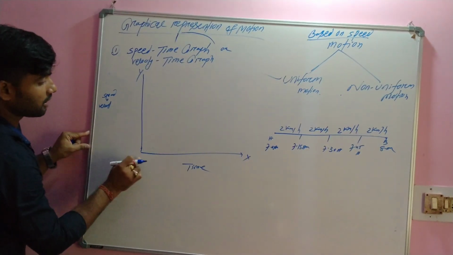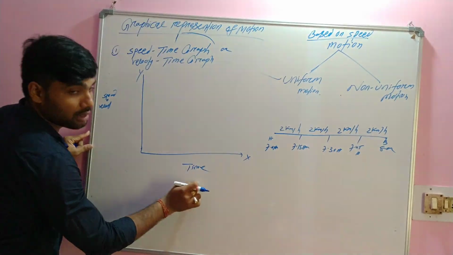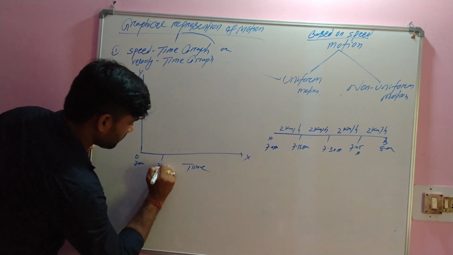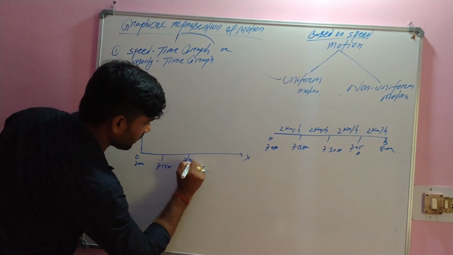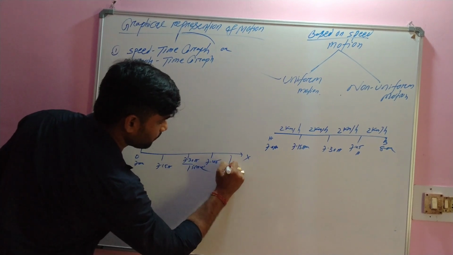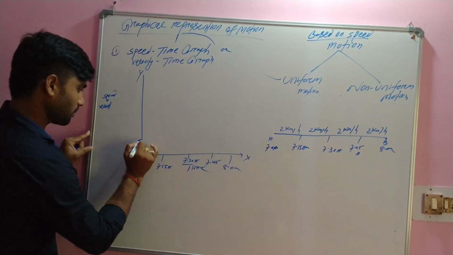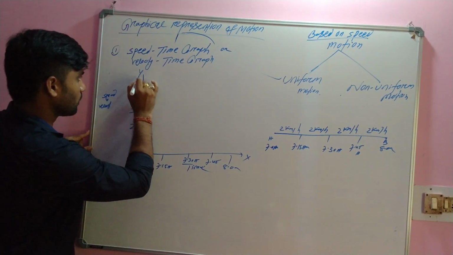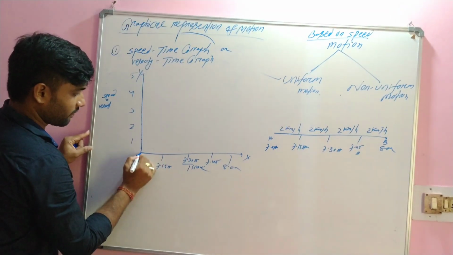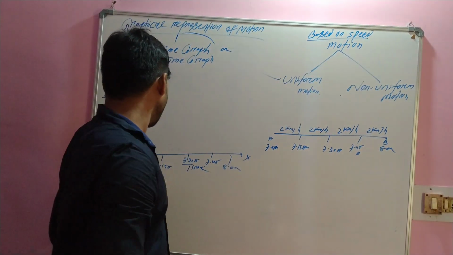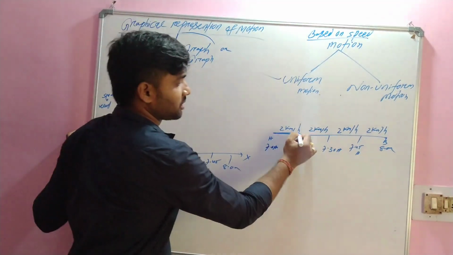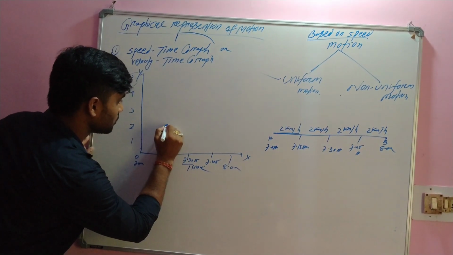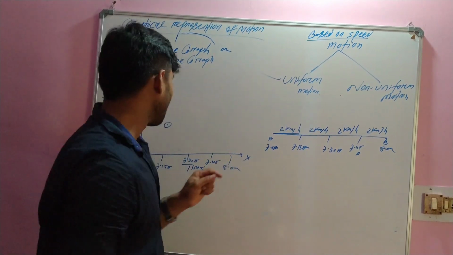When you represent uniform motion on a speed or velocity time graph, take the times 7 a.m., 7:15 a.m., 7:30 a.m., 7:45 a.m. and 8 a.m. on the time axis, and speeds 1, 2, 3, 4, 5 on the other axis. From 7 a.m. to 7:15 a.m., the speed is 2 kilometers per hour.